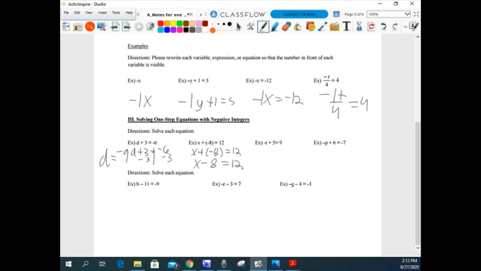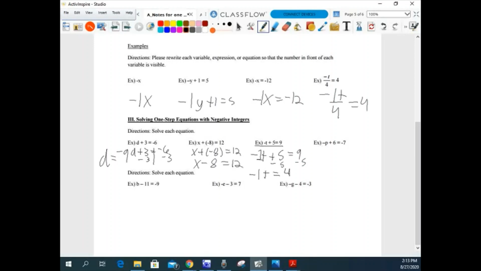So now, this one right here is kind of what I wanted to talk about. I have negative t plus 5 equals 9. All right, so we need to put this negative 1 in front, and let's try to get the t by itself. Minus 5 from both sides, and that's going to give me negative 1t equals 4.